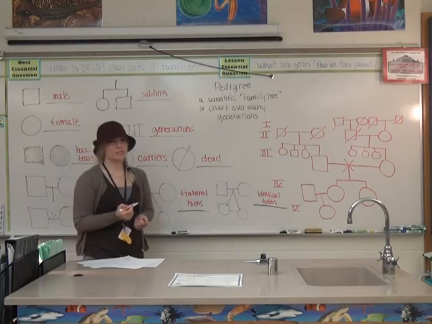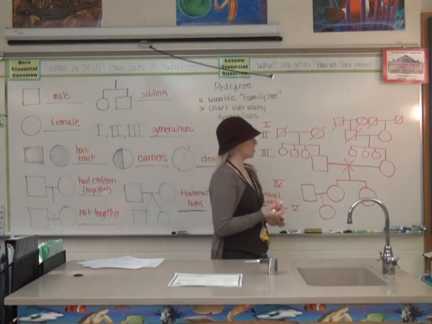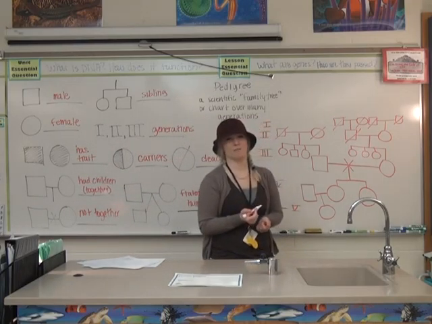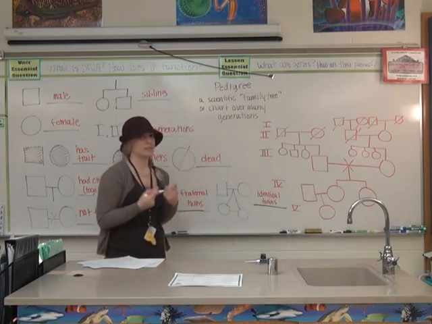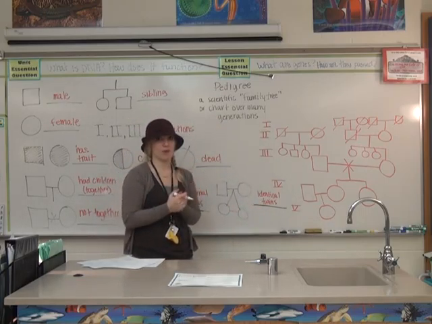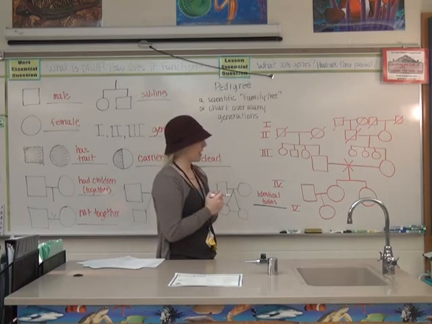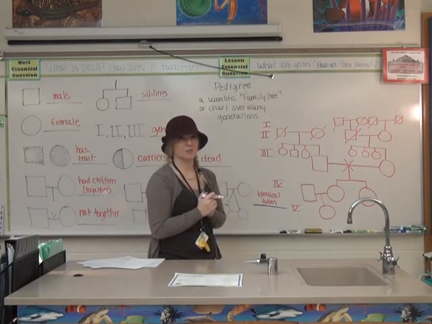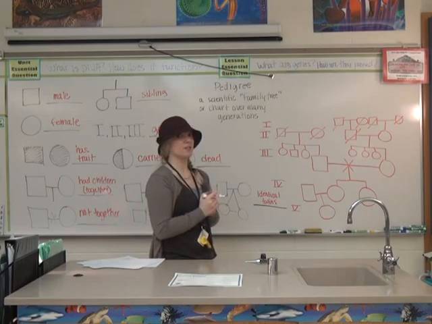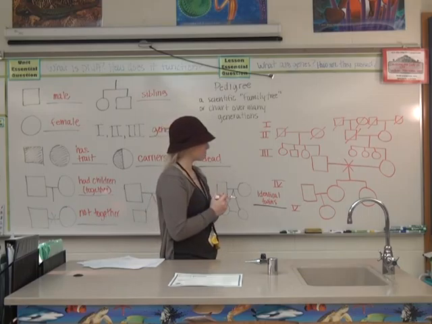Now remember that we said a pedigree is used to determine a trait throughout family history, right? And so when we have the trait, we're going to fill that box in. And so what I'm going to do right now is fill in my pedigree for having brown eyes. And we'll show how you can use Punnett squares to help fill in a pedigree.